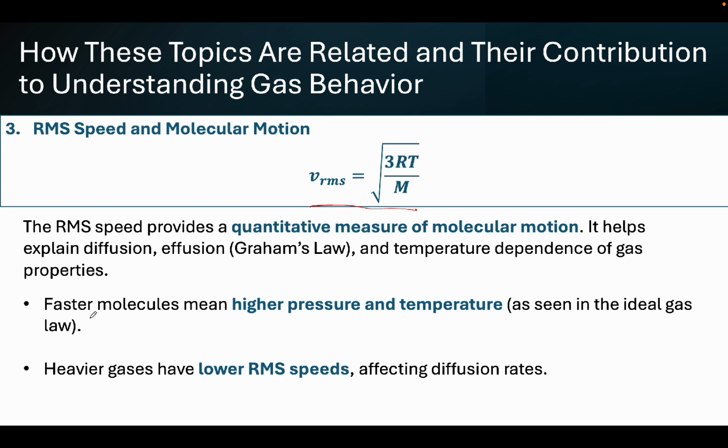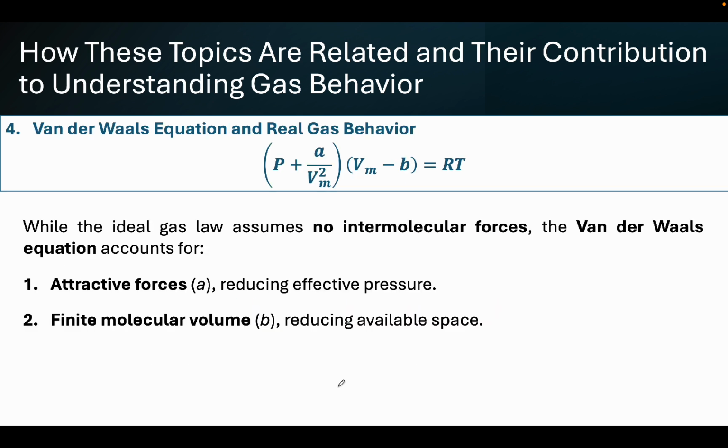It means that faster molecules mean higher pressure and temperature, and heavier gases have lower root mean square speeds, affecting diffusion rates.